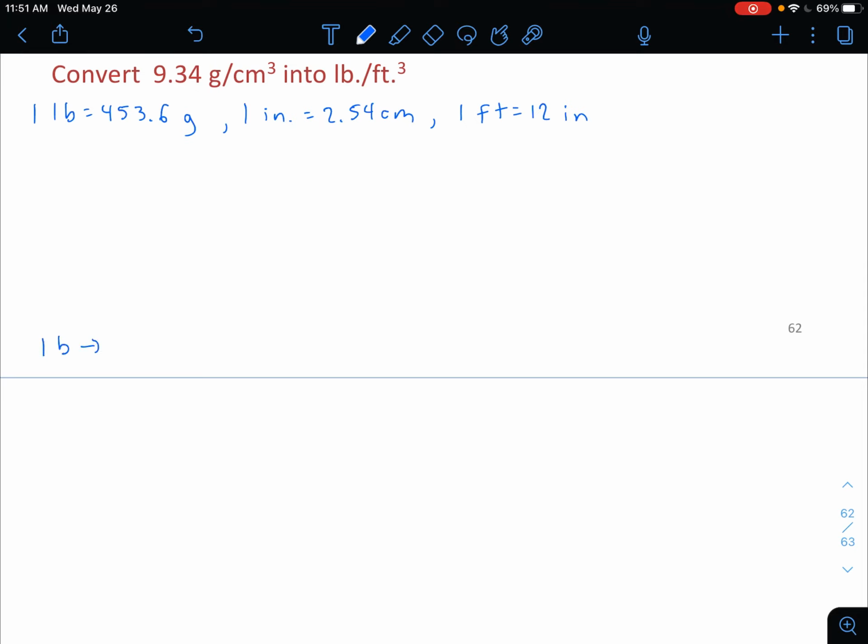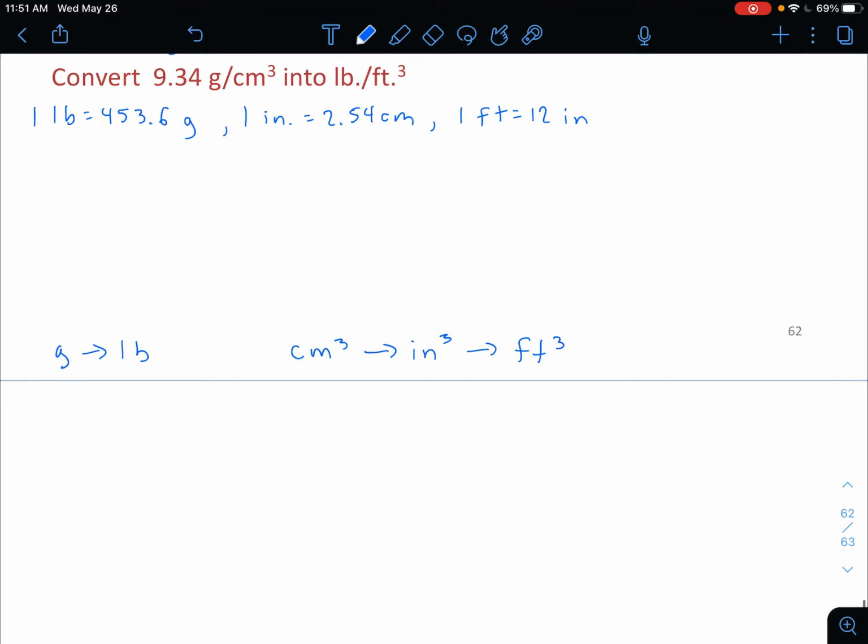So in terms of my plan, it's grams to pounds this time. Grams to pounds. And then we're going centimeters cubed to inches cubed to feet cubed. So both of these conversions are cubed units, so I'll cube the conversion factors for those.